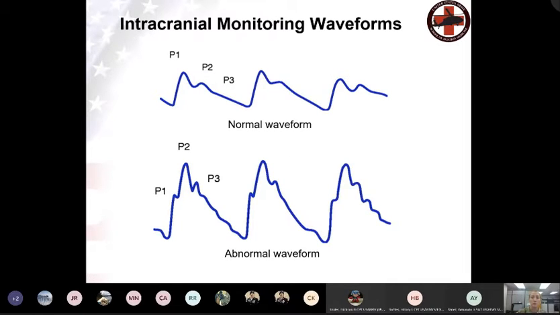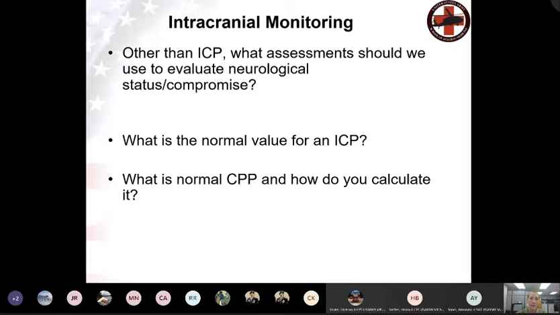Okay. Other than ICP, what assessment should we use to evaluate neurological status or compromise? Captain Rosales. That would be your assessment of your Glasgow Coma Scale and your pupils response.